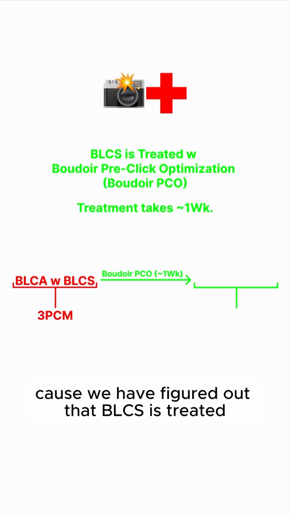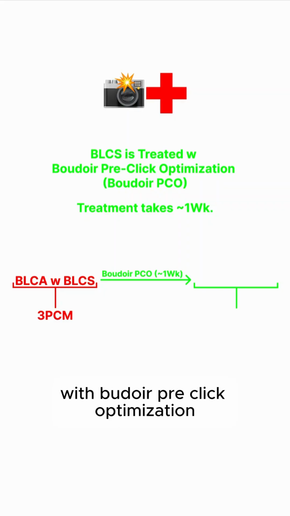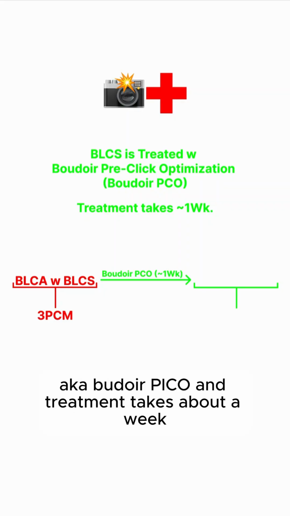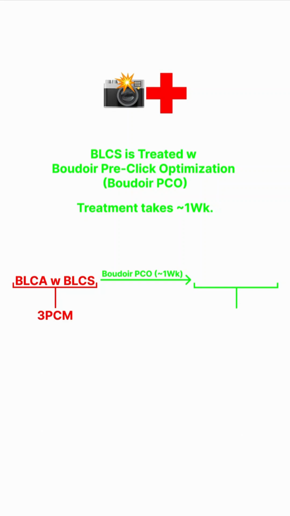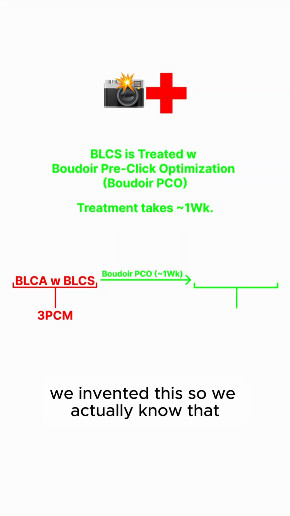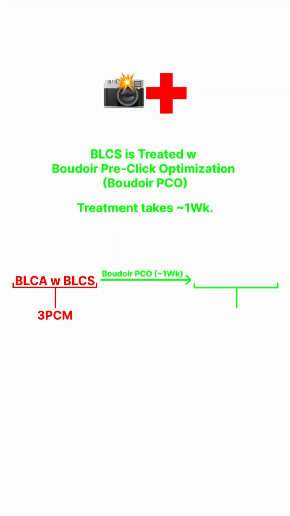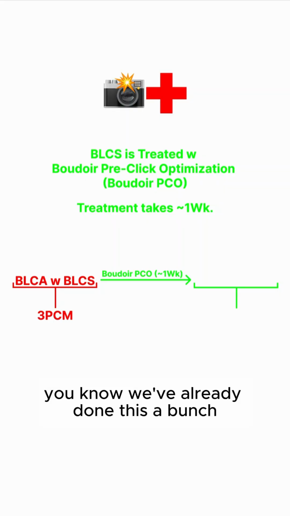Good thing though, because we have figured out that BLCS is treated with Boudoir pre-click optimization, aka Boudoir Pico, and treatment takes about a week. The best part is, we invented this, so we've already done this a bunch.